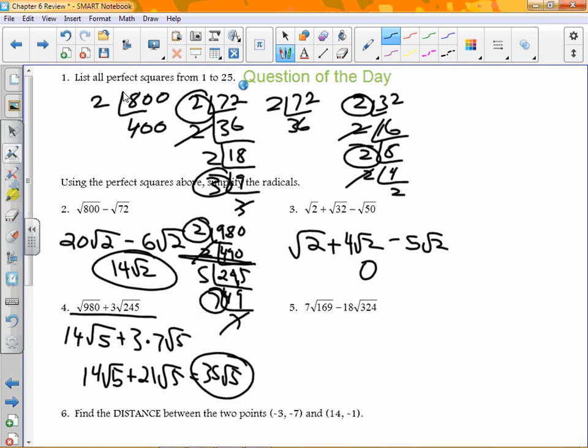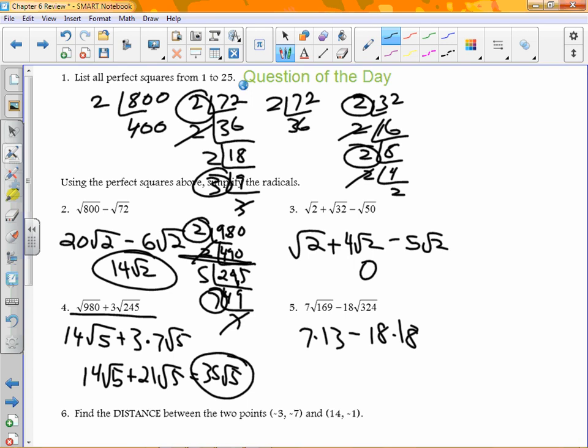Square root of 169, do you recognize it? Say it, 13. So 7 times 13 minus 324, recognize it? 16 times 16 is 256, 17 times 17 is 289, 18 times 18 is 324.